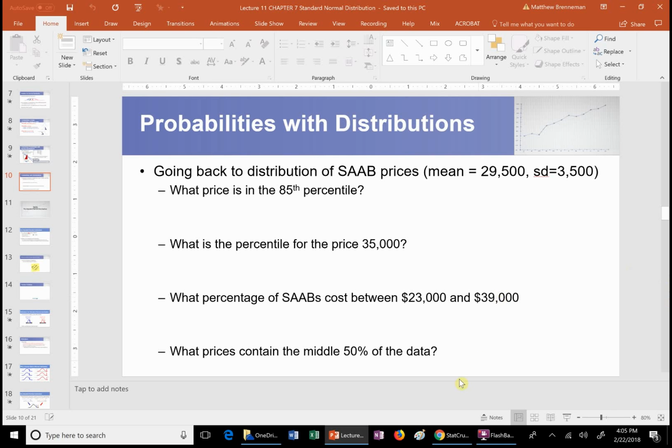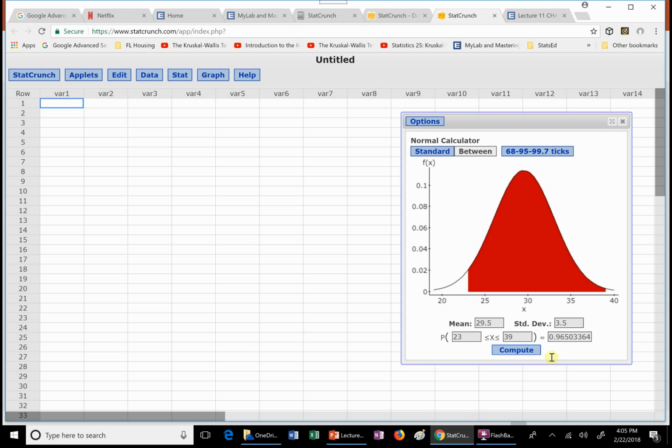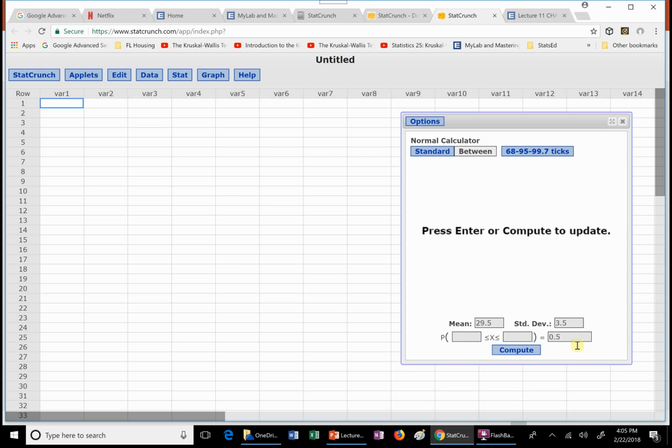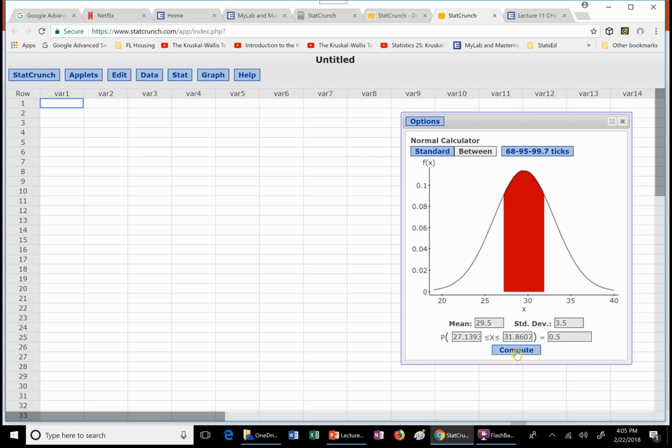Just go into StatCrunch, and I'm just going to say 0.5. And there we go. It's telling us that the middle 50% of the prices of the SUVs are between 27,000 roughly and about 31,000.